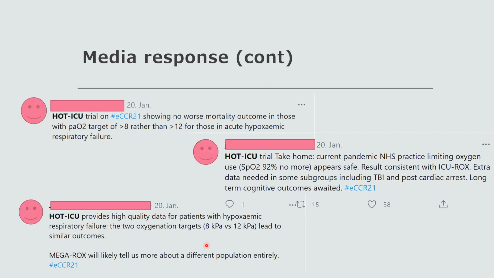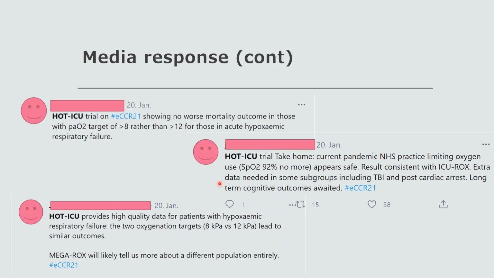And some Twitter comments about hot ICUs. One is saying hot ICU is not showing worse mortality. So the one here, outcomes in those with, so that's just the other unit above 8, here 60, and this is just the other unit, for those in acute hypoxic respiratory failure.